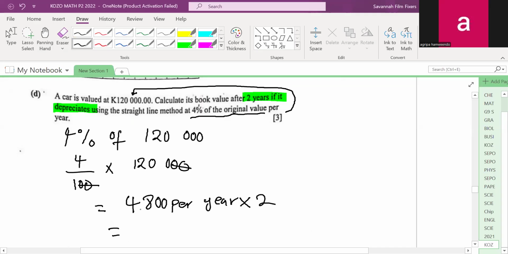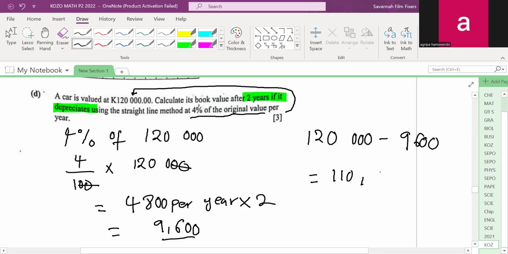So we multiply by 2 and we get 9,600. After 2 years, it's reduced by 9,600. So we now have to subtract: 120,000 kwacha minus 9,600. After 2 years, it's now valued at 110,400 kwacha.